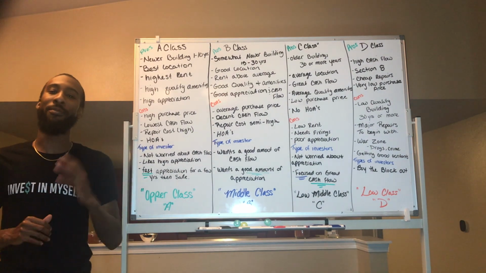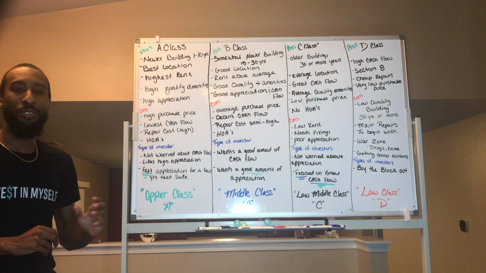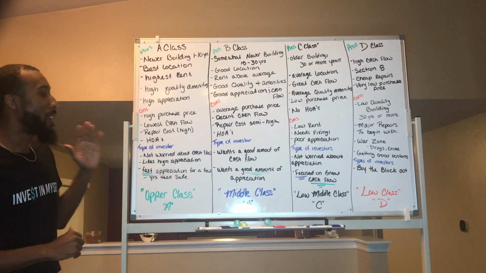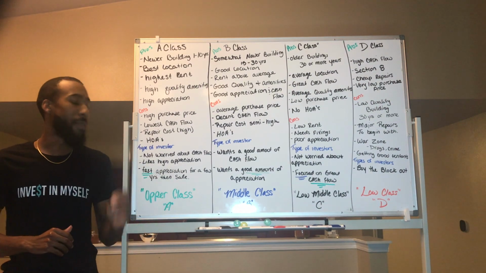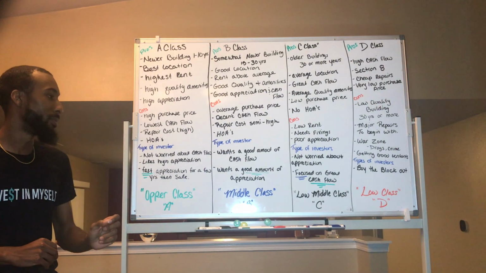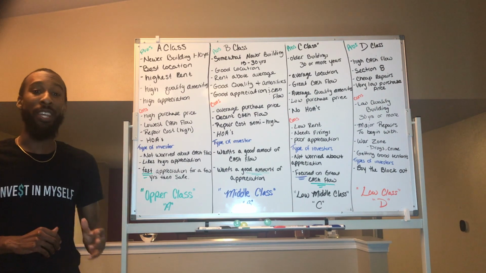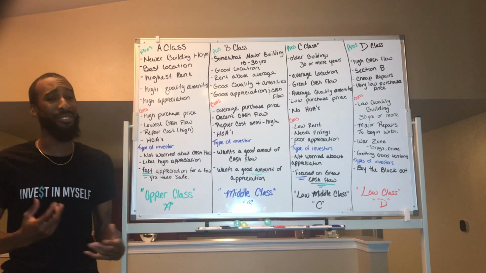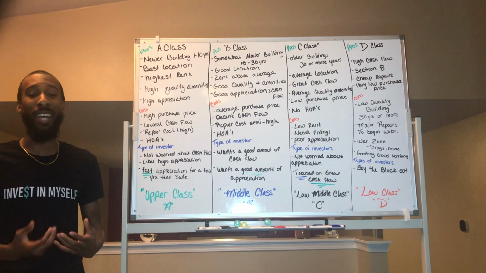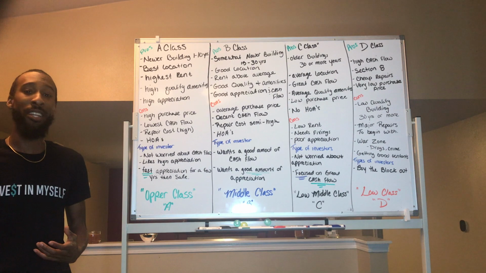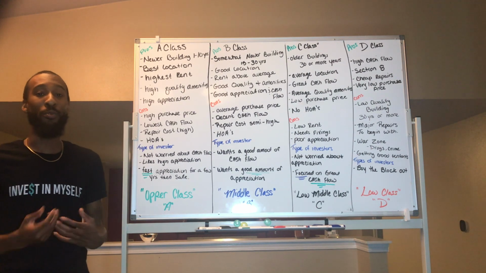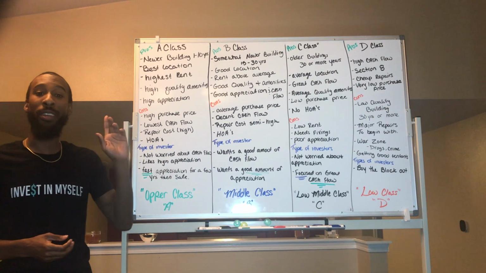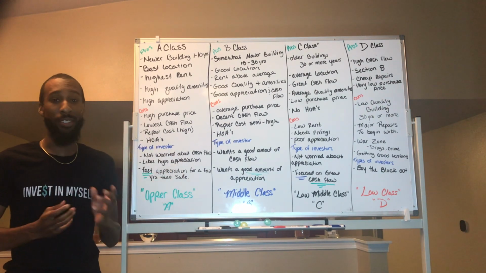So the type of investors that usually invest in Class B properties, they are wanting a good amount of cash flow and they are wanting a good amount of appreciation. So they're going to get a good amount of both here, cash flow and appreciation. You get the best of both worlds. You won't get the highest amount of appreciation like Class A, and you won't get the highest amount of cash flow like we'll learn for Class C, but it's pretty even.